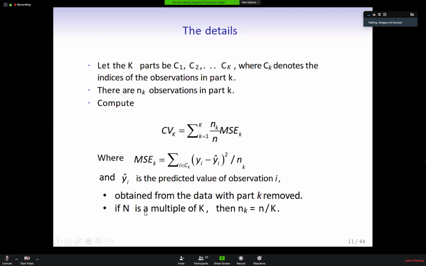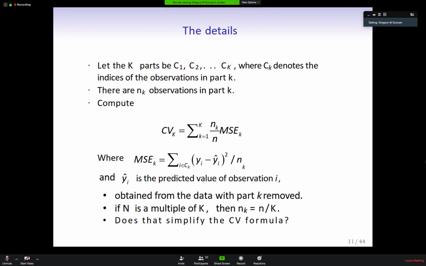Now, if n is a multiple of k, then n_k is just n divided by k, and this simply becomes the sum of each of the MSEs divided by k, or the average MSE over the k folds. Does that simplify the CV formula?